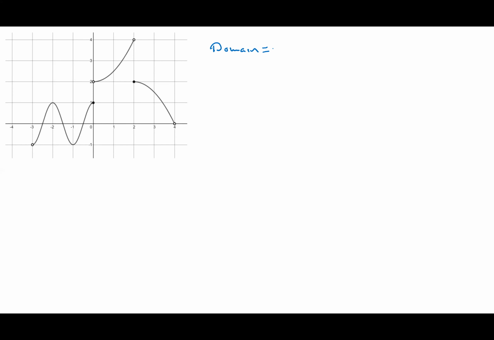So if I'm looking left to right, my leftmost value is here at -3. And notice that this point here is open, which means -3 isn't actually in the domain. Okay? And then we're going to move to the right and see what happens.